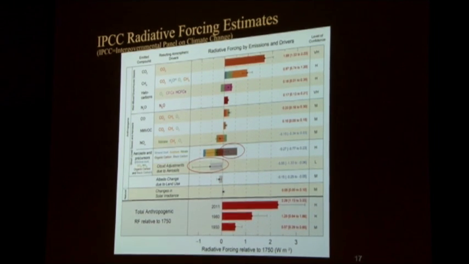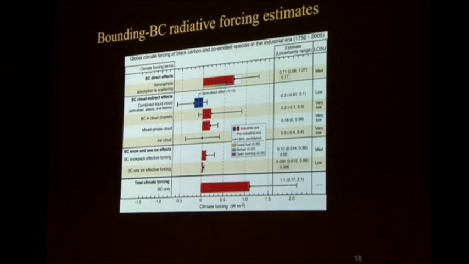So on the top we have what people talk about, the warming. And then we included lots of cloud effects, some negative, some positive, some we don't really know, 0, and lots of uncertainty. And we also included black carbon on snow and ice.